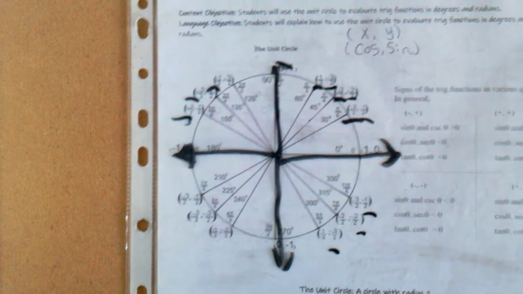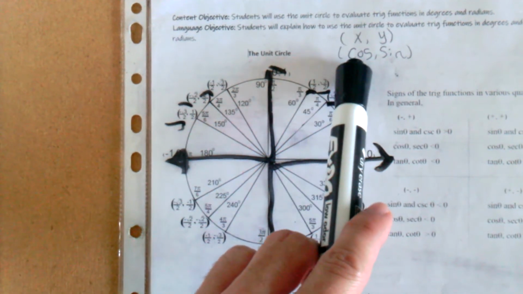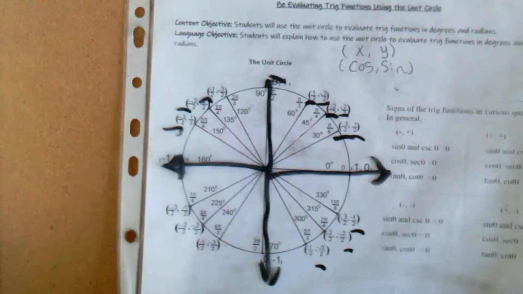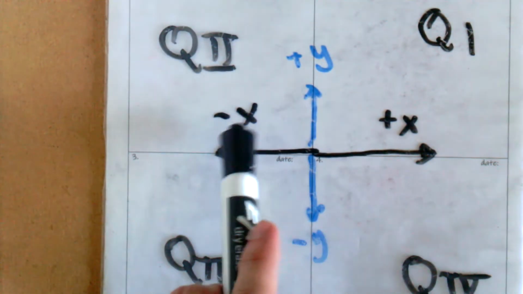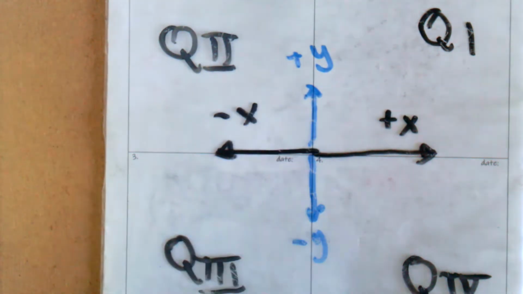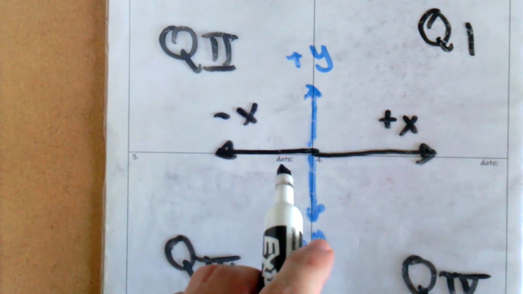But remember that on the unit circle, our x-coordinates we call cosine, and our y-coordinates correspond to sine. In other words, we can think of our x-coordinates as cosine, and we can think of our y-coordinates as sine when we're referring to the unit circle. So we can change our x's to cosine, and the same rules apply.